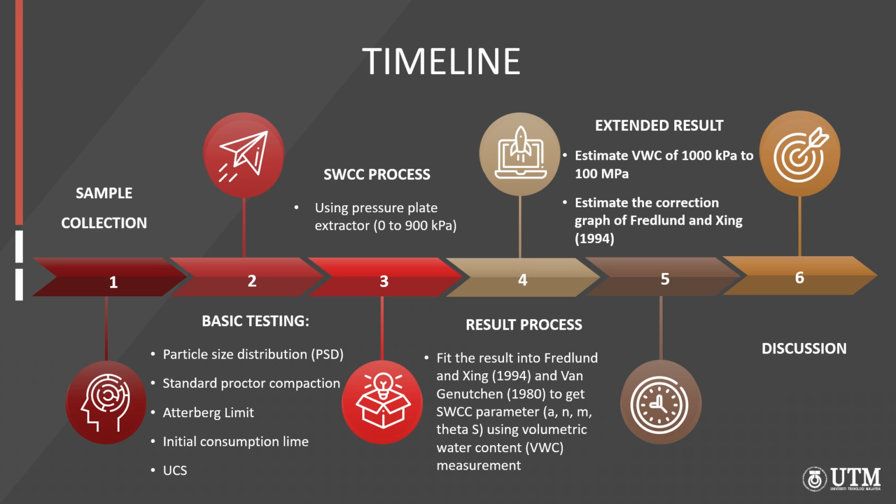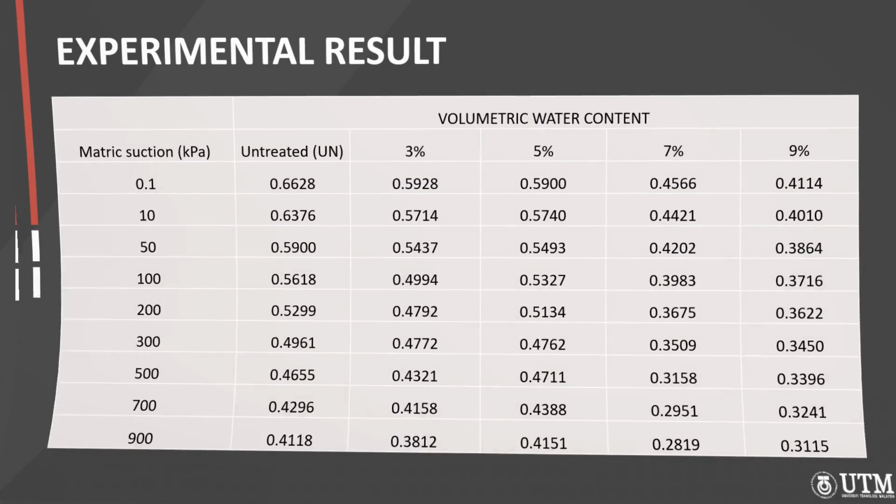The result was then extended from 1000 kPa to 100 MPa by using the formula of both models. After that, the calculated correction factor was multiplied to fit the Fredlund and Xing 1994 to fit the SWCC for 0 water content at 100 MPa. Then, all results will be gathered and discussion will be made.